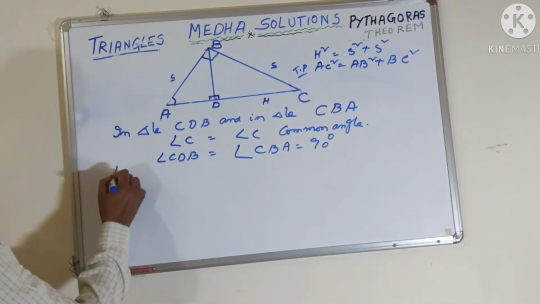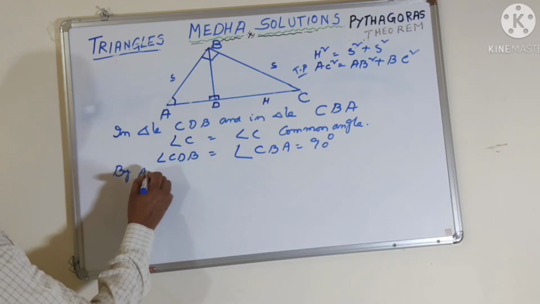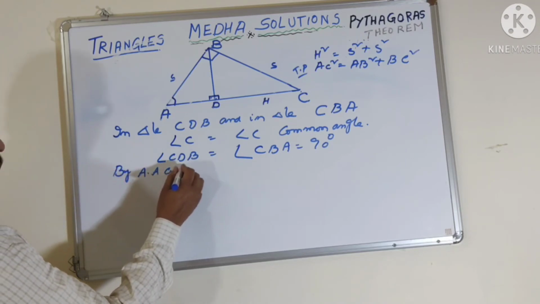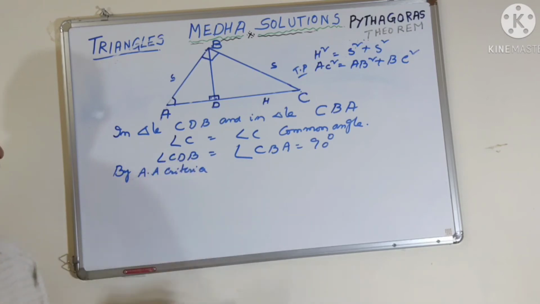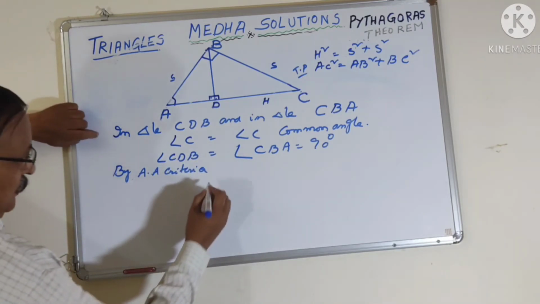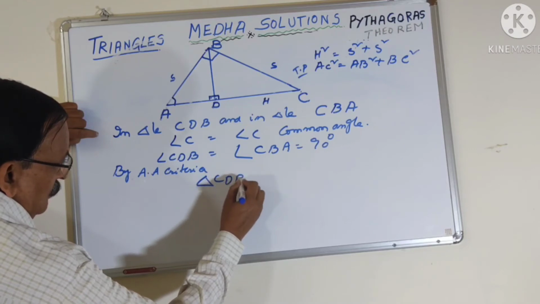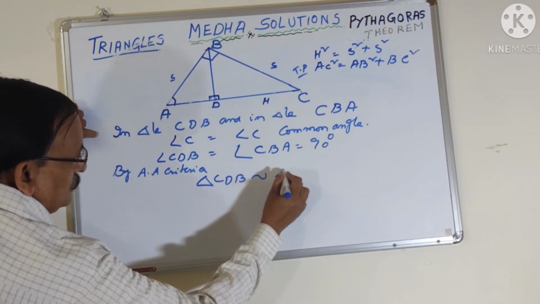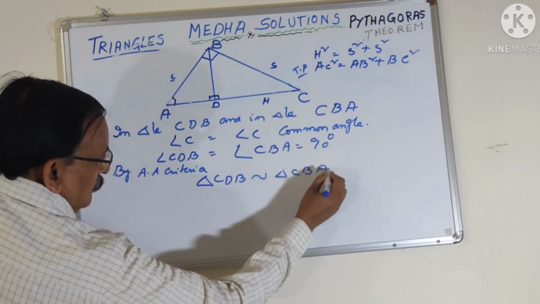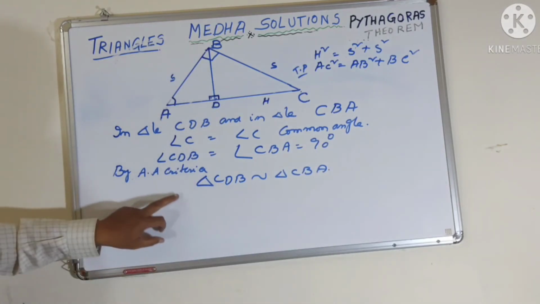So by AA criteria, triangle CDB is similar to triangle CBA. Now two triangles are similar.